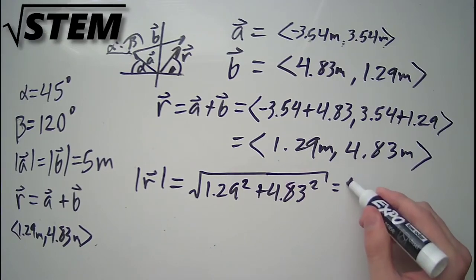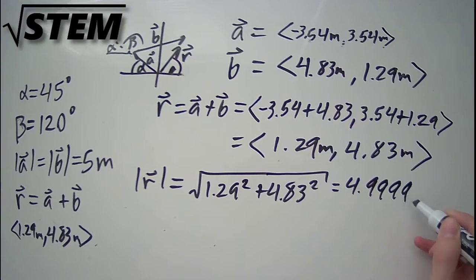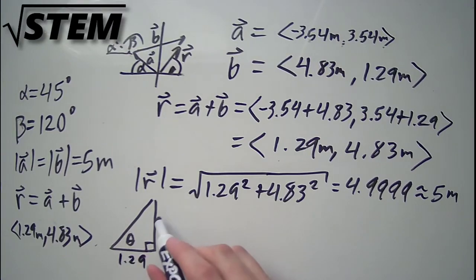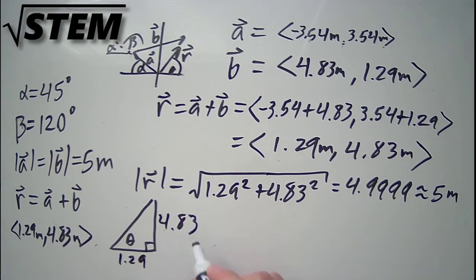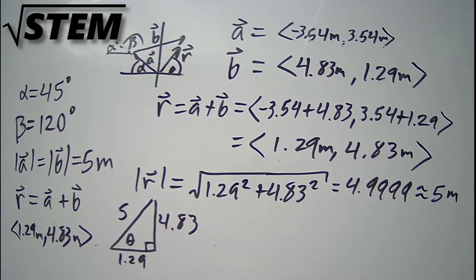And that comes out to 4.9999, so we'll just say that's 5 meters. Now to get the angle that R makes with the x-axis, let's draw a triangle. So there's the angle we're looking for. These are our two components, 1.29 in the x, 4.83 in the y, and here is the length of R, which is 5.